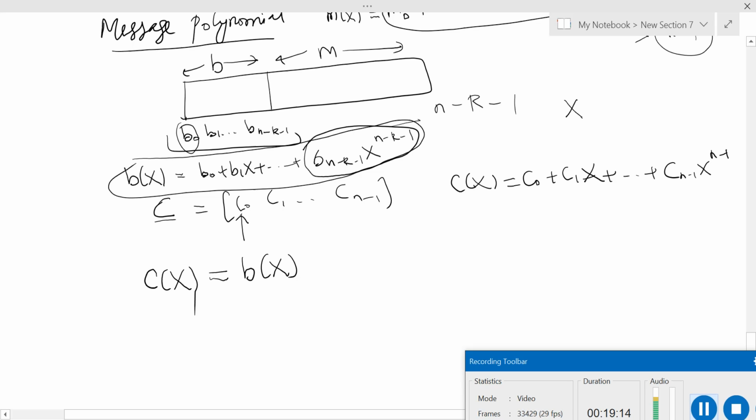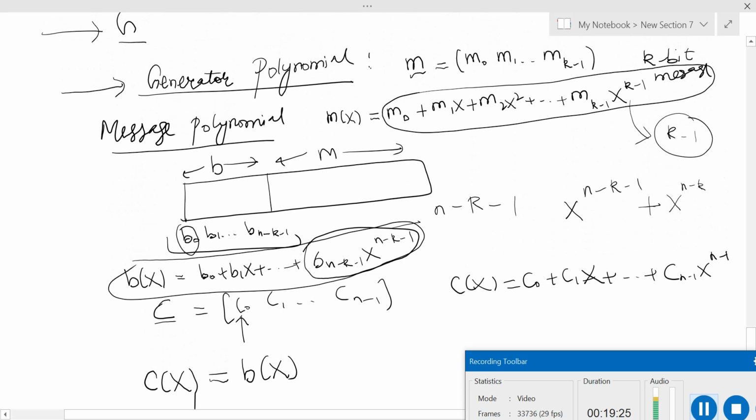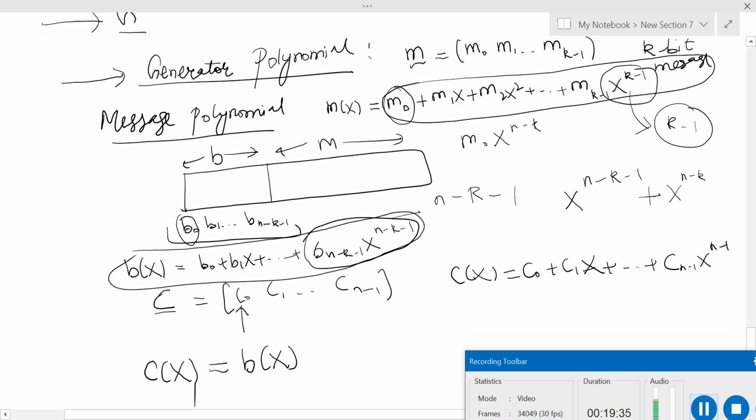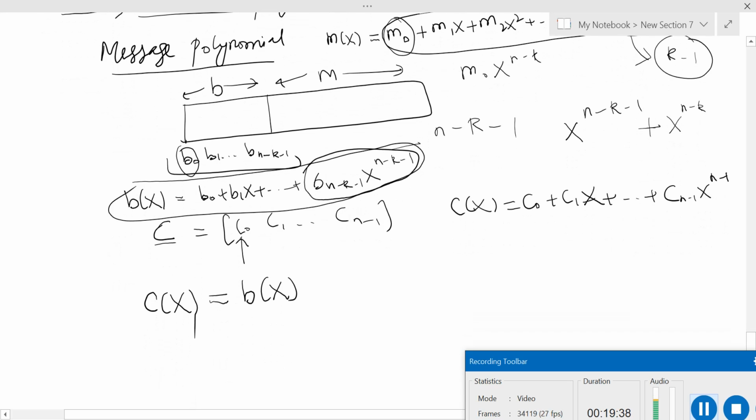The last degree is x to the power n minus k minus 1. After this, the next degree that should come should be n minus k, right? But if you write the message bit directly, you have m0. It should actually be m0 times x to the power n minus k, right? Similarly, the last degree for message is x to the power k minus 1, whereas the last degree should be x to the power n minus 1.